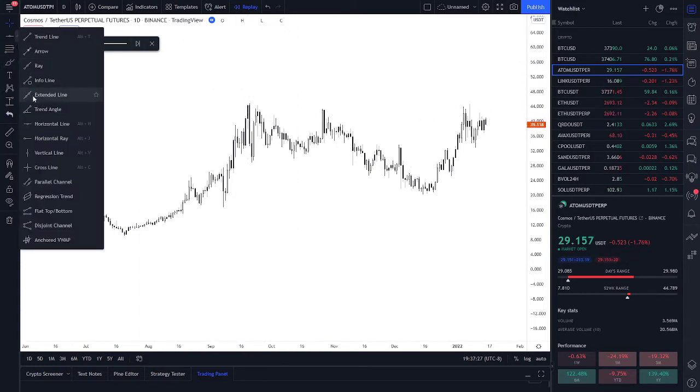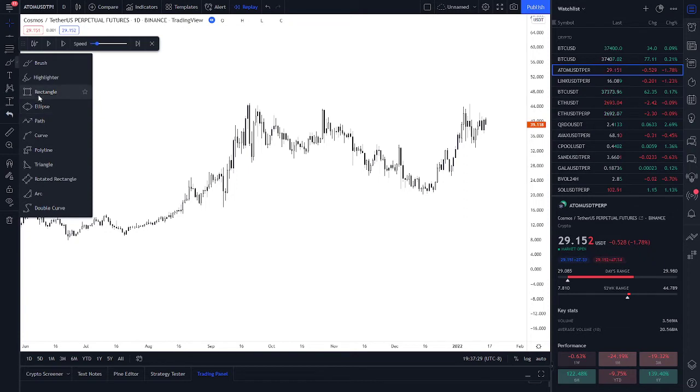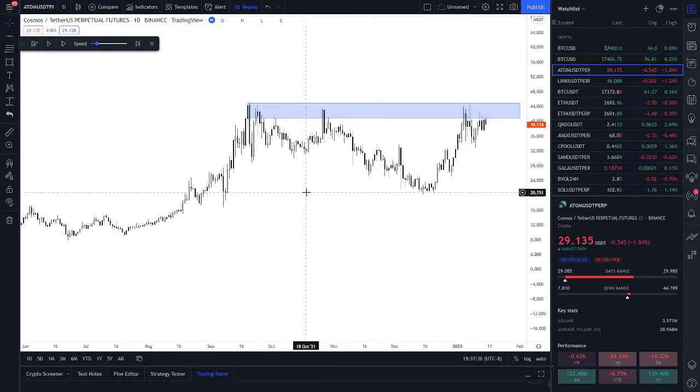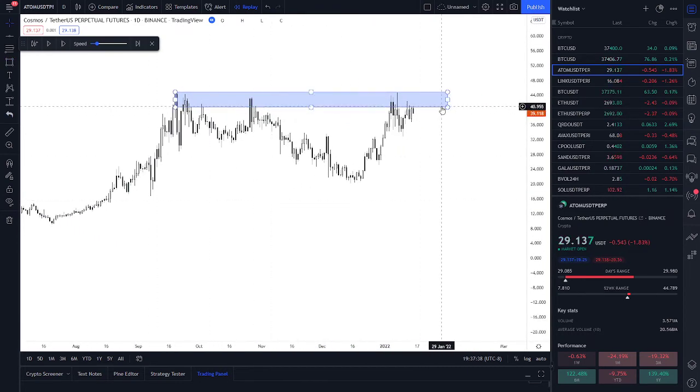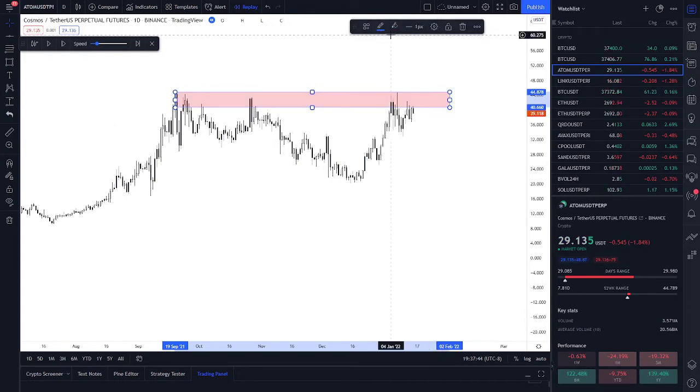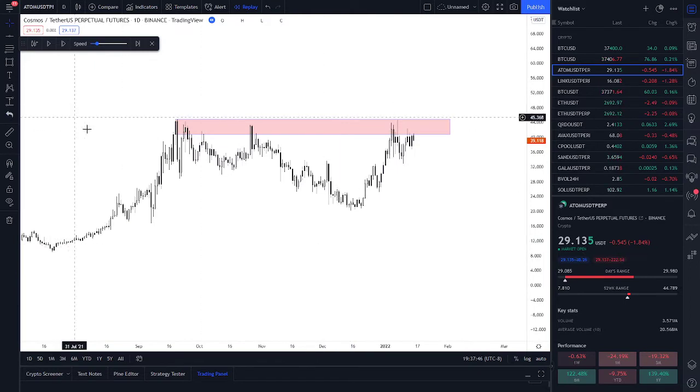You don't per se have a supply zone, but you have this OB, a bearish order block, which is a type of supply zone. Like if you had played this one giant one, you could have played it 1, 2, 3, 4 times.